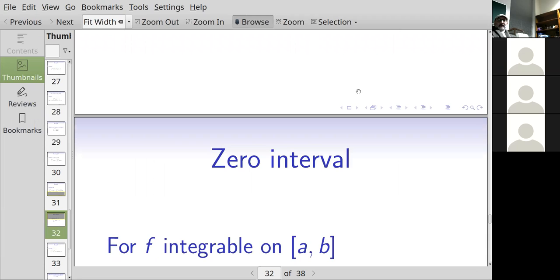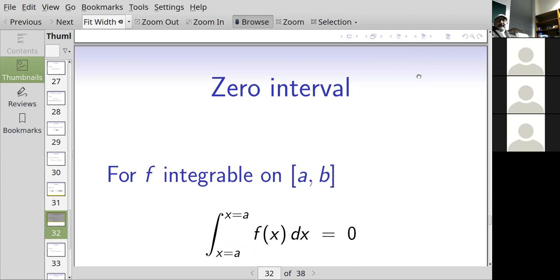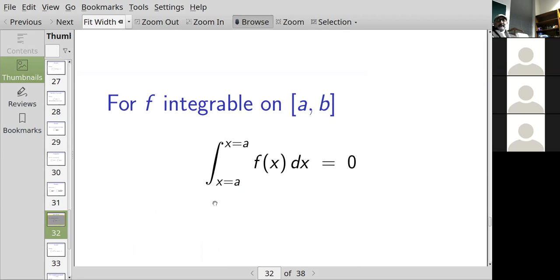Okay, what if perversely I ask you to find the integral of some function from a to a? So I say, what's the integral from x equals a to x equals a of f of x dx? Let's decide that that's going to be equal to 0. Why? Because the rectangle that you're going to try to draw has 0 width, so it has 0 area.